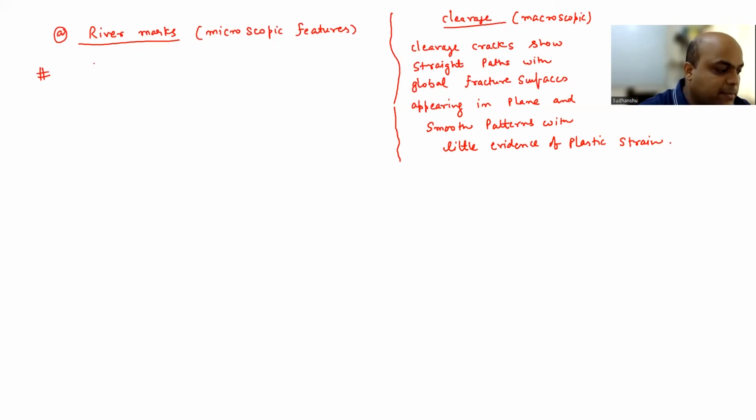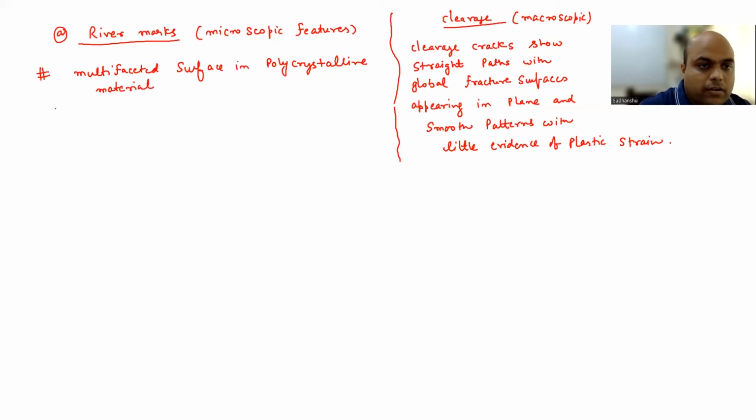Okay, so now river marking. So you have a multifaceted surface in polycrystalline material. Here each pattern or each facet corresponds to a single grain.